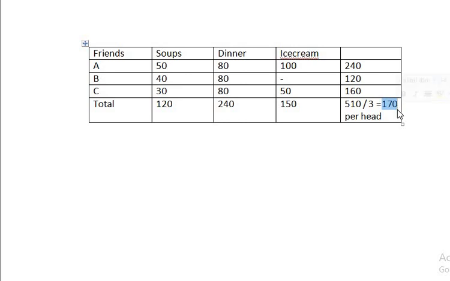But Mr. B utilizes food worth rupees 120 but is paying 170 rupees. He is overcosted. So the problem is only with A and B. This method, total cost divided by 3, that is 170 per head, is the traditional method of costing, and it is not the appropriate method of allocation of cost to products and services.